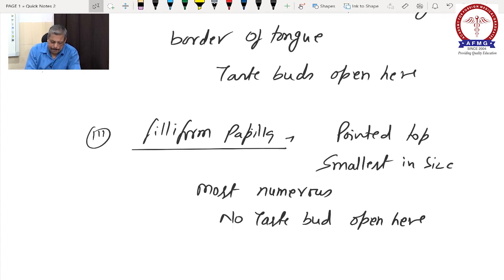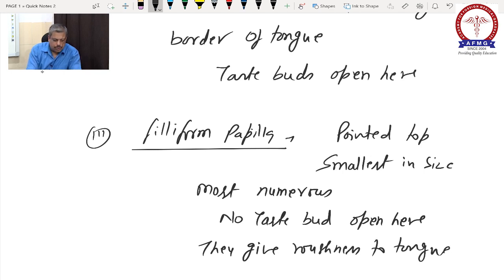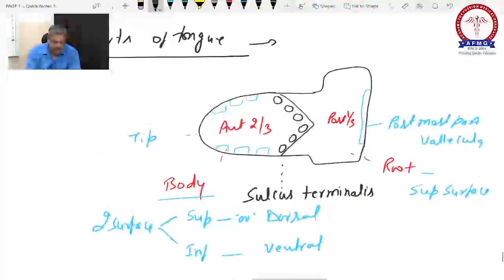And they give roughness to the tongue. So see, the roughness of the tongue is because of the filiform papilla.